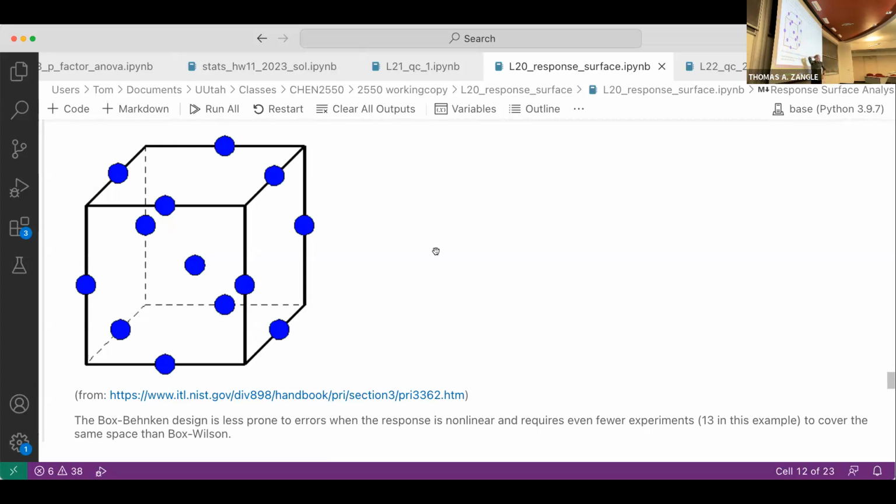So for that, I would say consult literature on design of experiments. In some sense, this is an answer to the question of, what is the statistically optimum set of conditions at which I should run my experiment to minimize the number of experiments that I have to run?